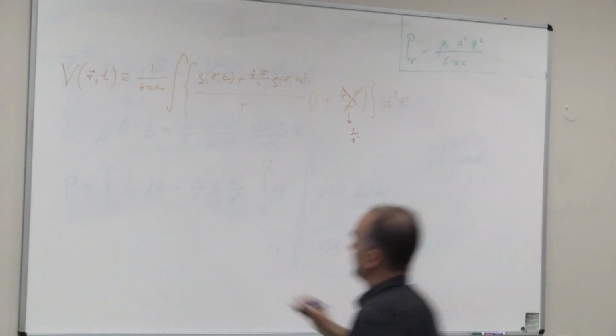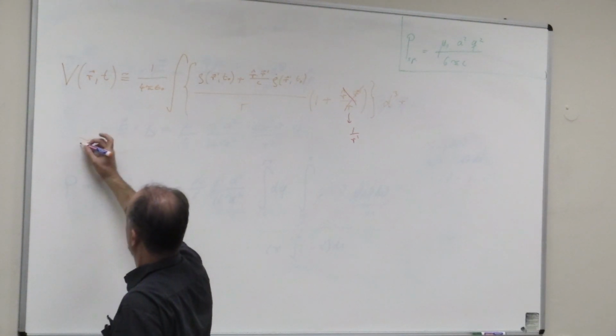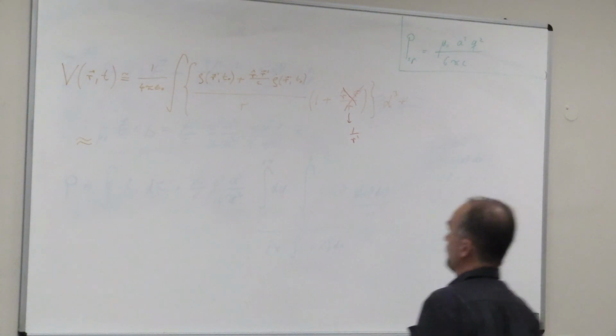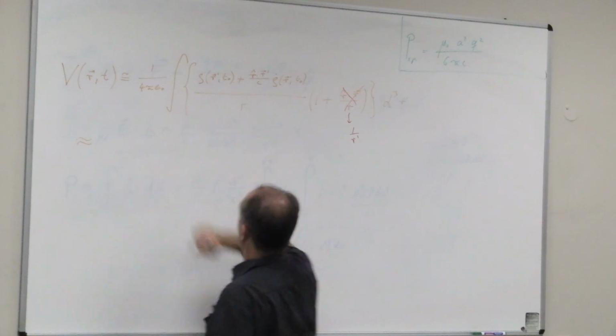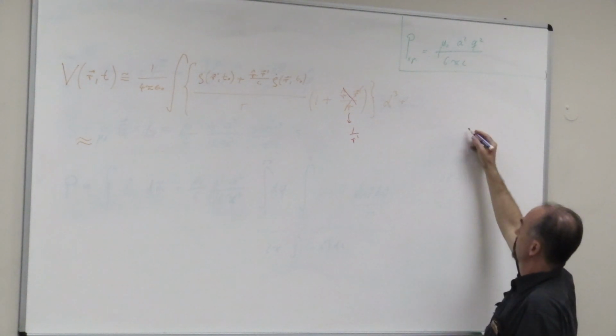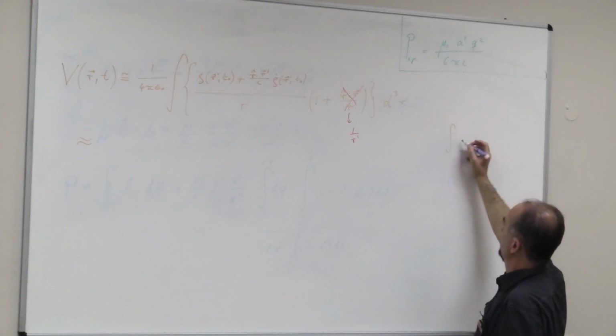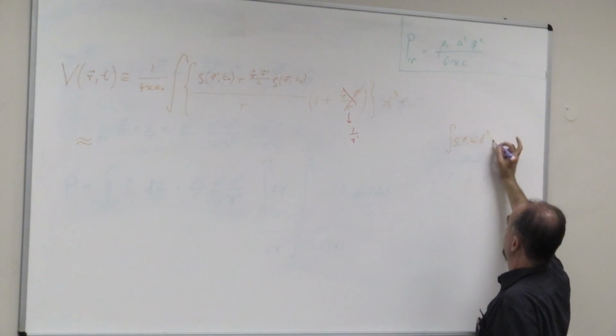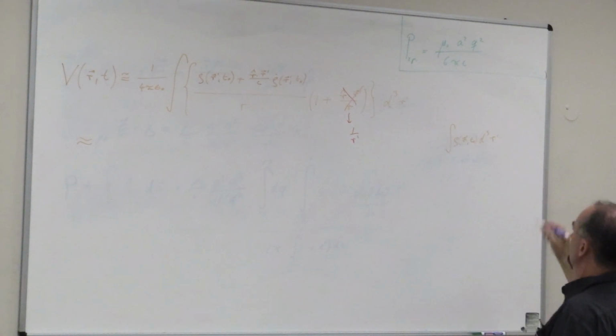So that means in that approximation we have one term here that involves effectively rho of r prime, t naught, d3 r prime. What is that?